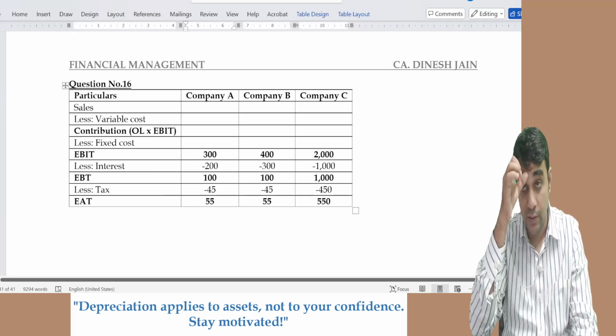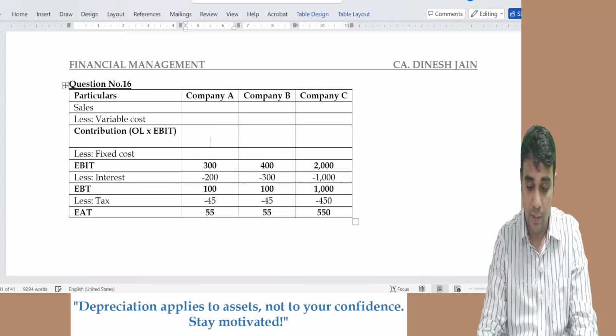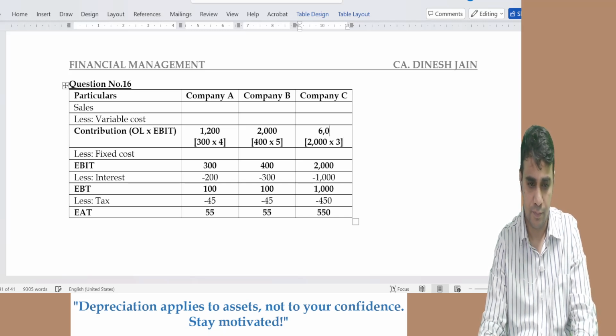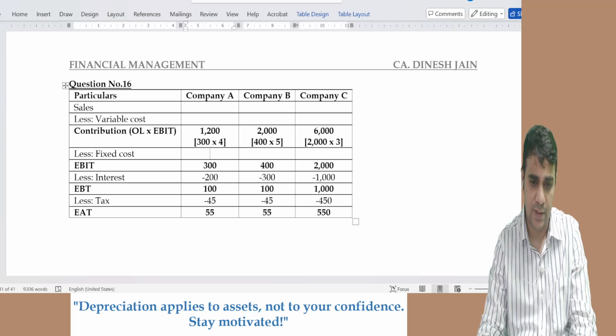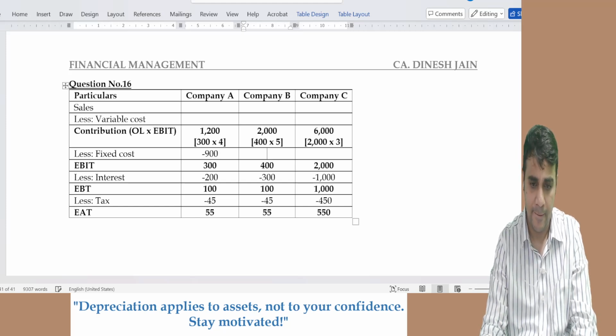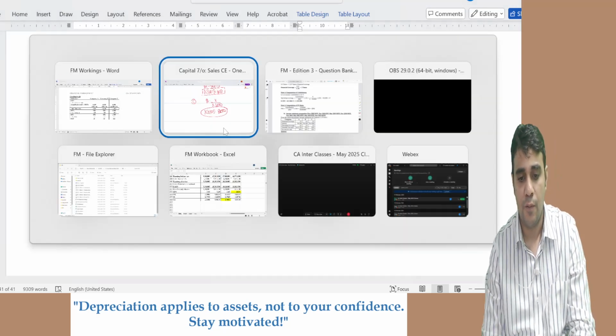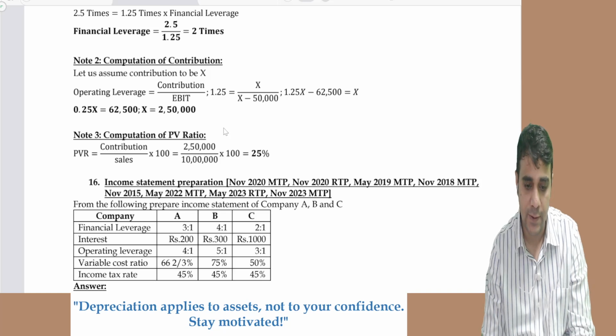What is the operating leverage of the first company? 4200. Second company, third company, fixed cost is balancing figure. 4, 5, and 3 times.